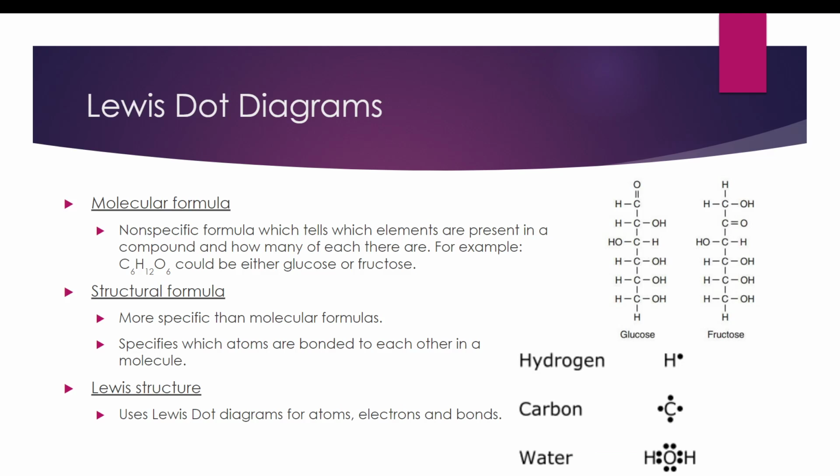So, again, this is what a Lewis diagram is. It represents the bonds in a molecule without necessarily having us draw all the electrons.